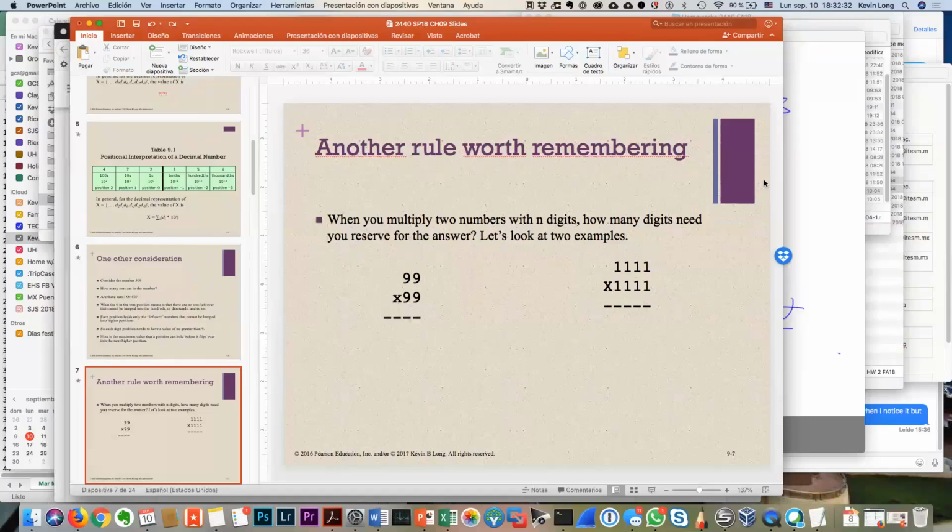The answer is 4, and it's not at least 4, it's exactly 4. It's double the size of the numbers you're adding. This assumes they're all the same size. So if you add two 10-digit numbers, you need 20 digits to store the result, sometimes. So in binary, I have two 4-bit numbers. How many bits do you think I need to store the result?